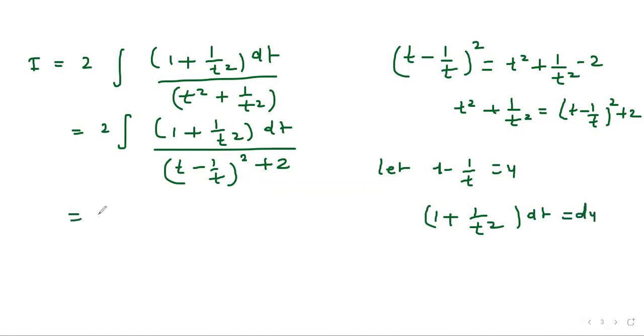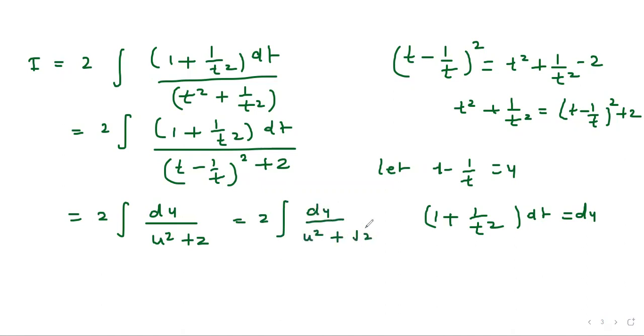So our question will become twice the integration of du upon u square plus 2, which is twice du upon u square plus root 2 whole square, which can be written using the formula: integration dx upon x square plus a square equals 1 upon a tan inverse x upon a. So twice of 1 upon a means 1 upon root 2 tan inverse u upon root 2 plus c.